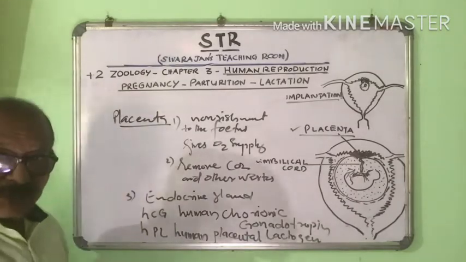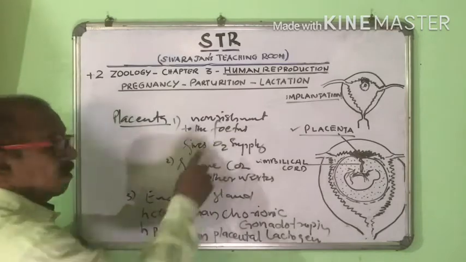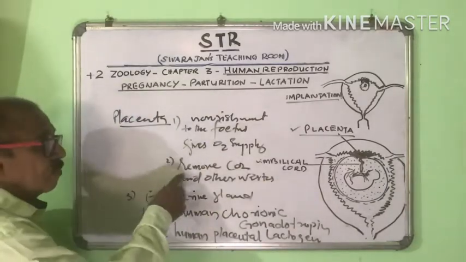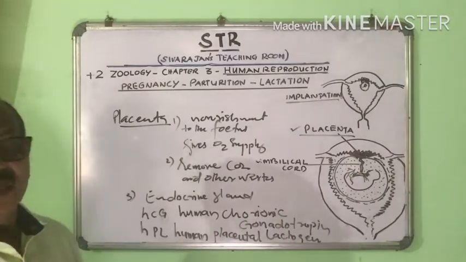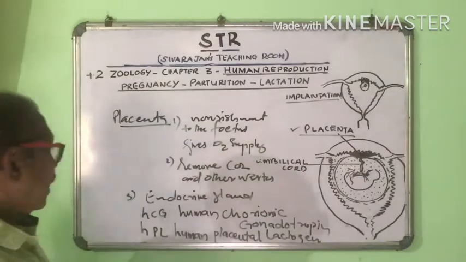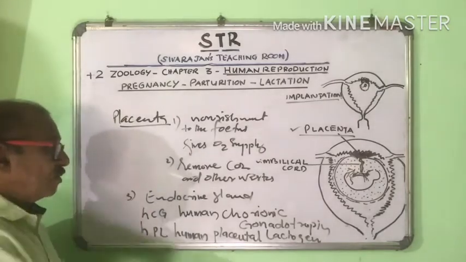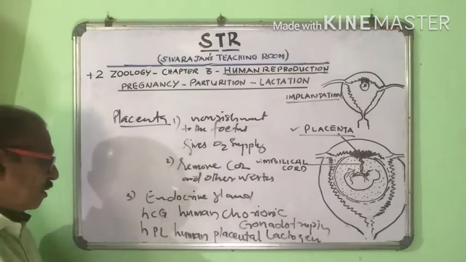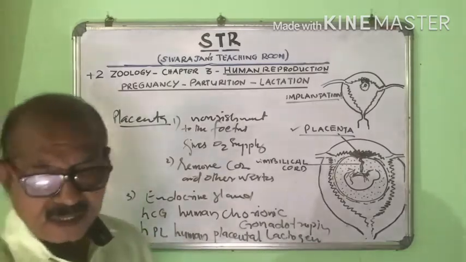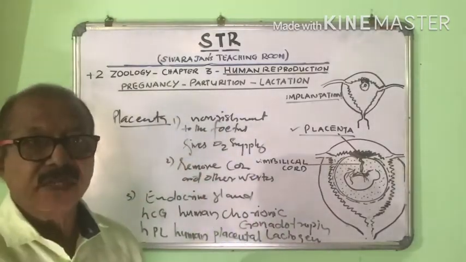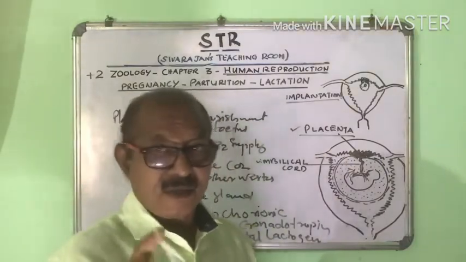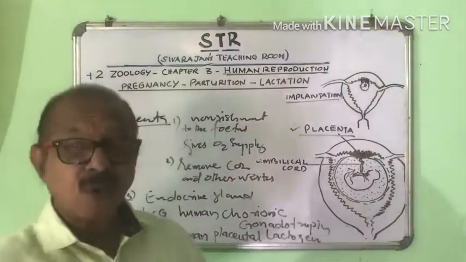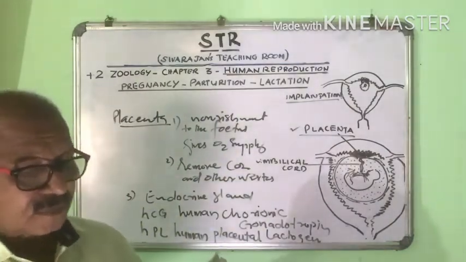The placenta gives oxygen supply from the mother's blood to the fetus. Then it helps to remove carbon dioxide and other waste materials produced in the fetus. The placenta also functions as an endocrine gland. It produces human chorionic gonadotropin and human placental lactogen, and also estrogen, progesterone and relaxin. All these hormones help in the proper growth and development of the fetus.